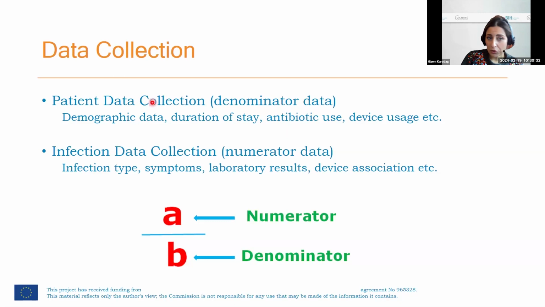This data includes the demographic data of the patient, duration of stay, antibiotic use, device usage, etc. And if one of the patients in our denominator data pool later develops a hospital-acquired infection, that would be our numerator data. And this data consists of infection type, the symptoms, laboratory results, device association, etc.